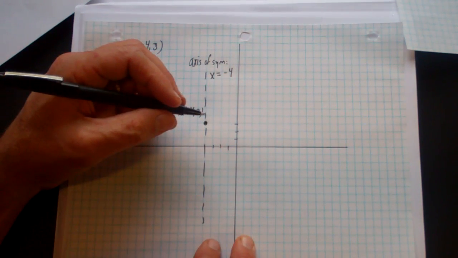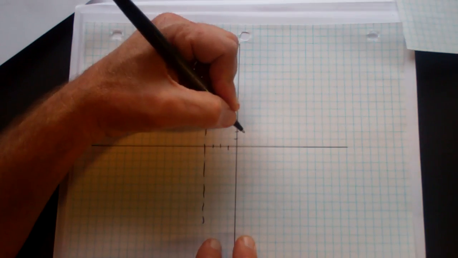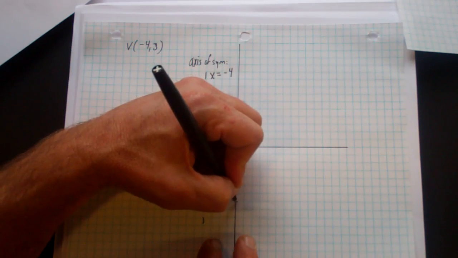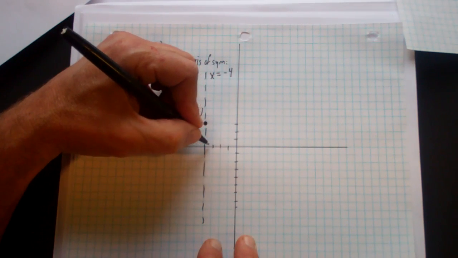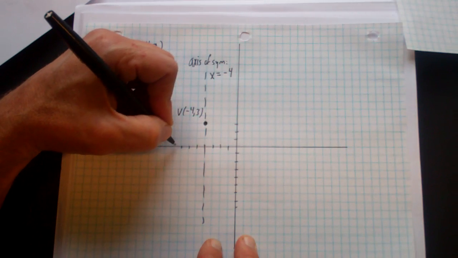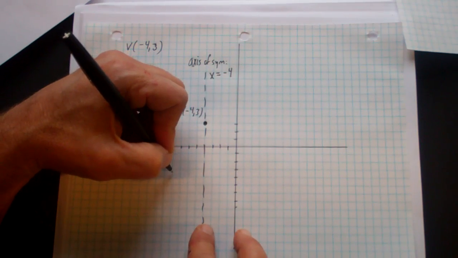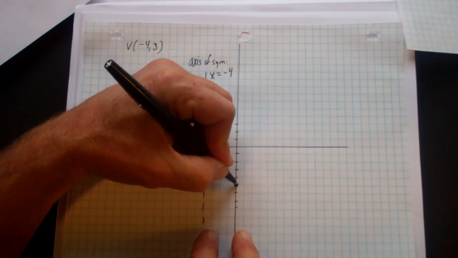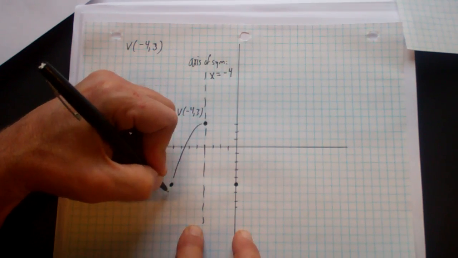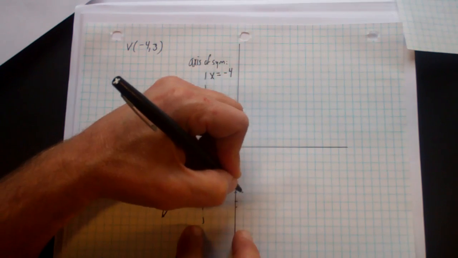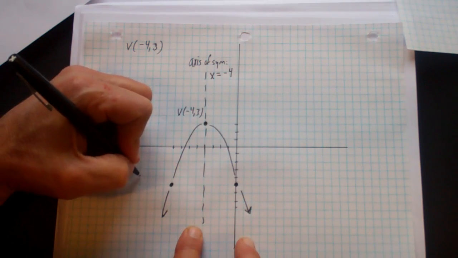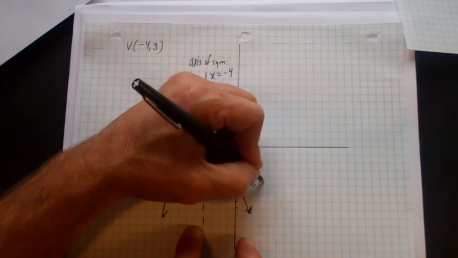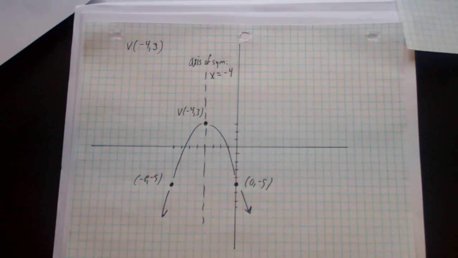Now your 2 points may be different, but the 2 points that I had were minus 8, minus 5 and 0, minus 5. And then I'm going to sketch in the graph. And that's how you graph parabolas in vertex form.